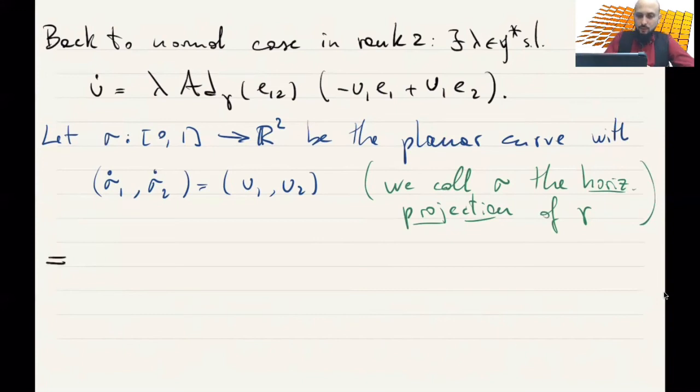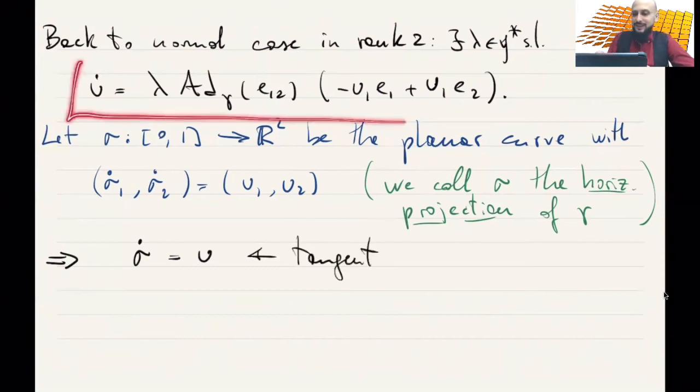Now, what do we have of this curve? So sigma dot, say, this is u. So u is the tangent. But now we have an equation for the derivative of the tangent.